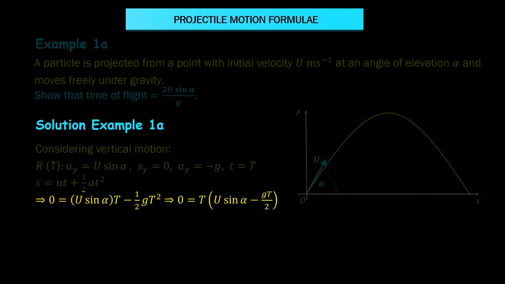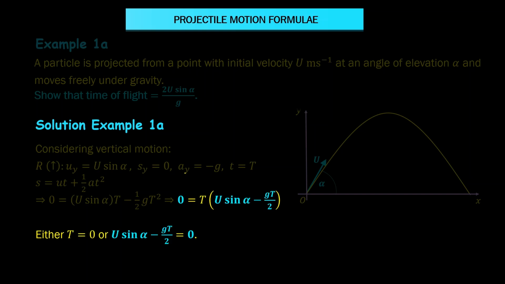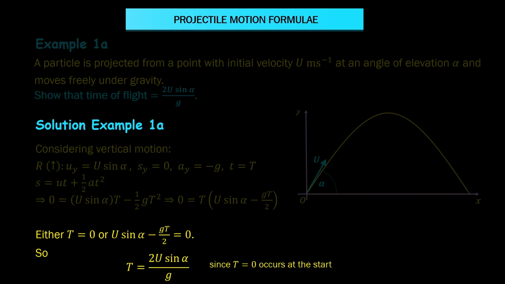We can now rearrange and solve for t, to give either t equals 0 or u sine alpha minus gt over 2 equals 0. Therefore, we have that t equals 2u sine alpha over g, since t equals 0 occurs at the start.